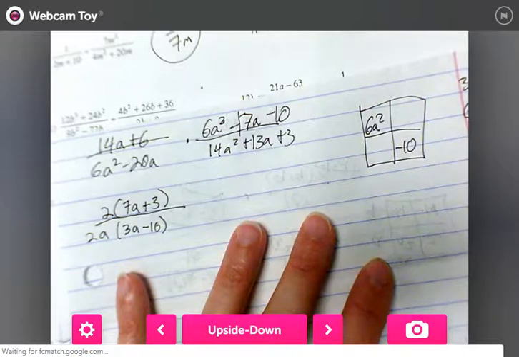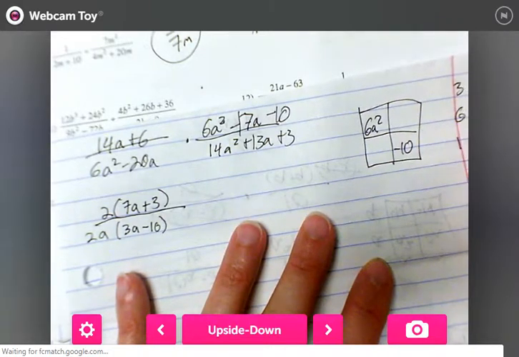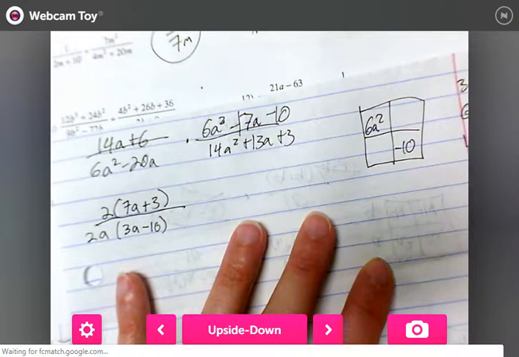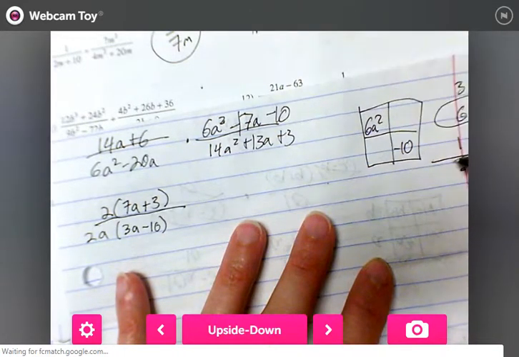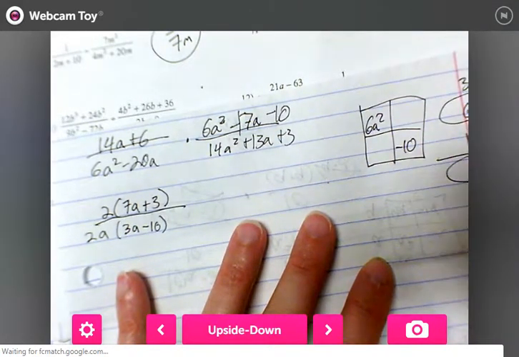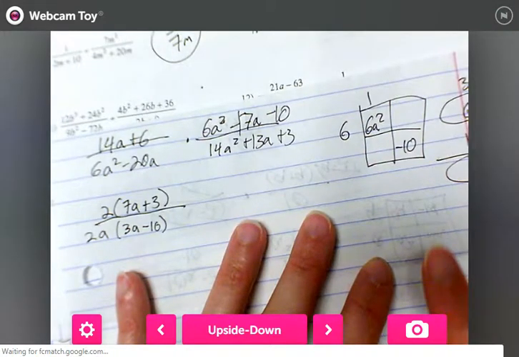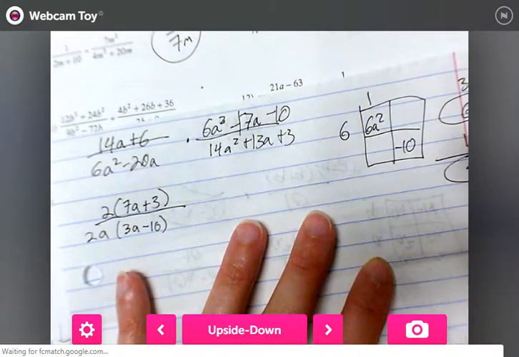So for 10, I know I can have 1 and 10, or I can have 2 and 5. Okay? So I know 2 times 6 is 12, plus 5 gives me 17. So I know I want to use these. Okay? So I'm going to use 6 and 1, and I want to multiply the 6 times 2.